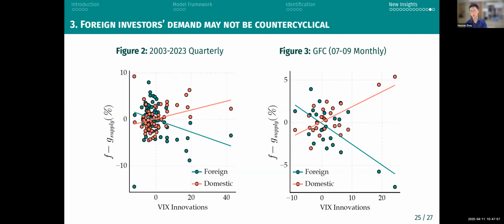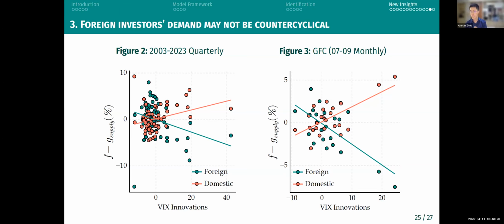So here we're showing you the scatter plots relating changes in VIX index on the x-axis versus the inflows into the treasury market, adjusted by the overall changes in treasury supplies over each quarter on the left-hand side and over the global financial crisis episodes on a month-to-month basis.